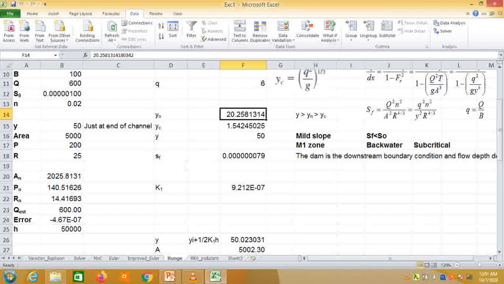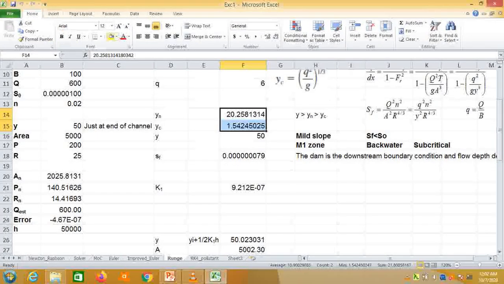So at the end of the channel, Y, the actual depth, is 50 meters. The normal depth is supposed to be 20.25. And the critical depth is 1.54. Now we just look at the first two, Yn and Yc. Looking at these two values, you can decide whether it is a mild slope.